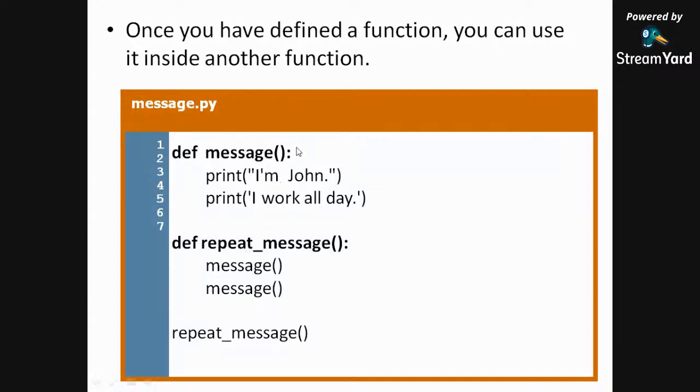So instead of calling the function four times, what I do is I define another function and I call the first function in this. And finally I call the second function, repeat message. If I call it, then you can see the message function executed two times. Okay, so this is how you can make things simple by defining another function.